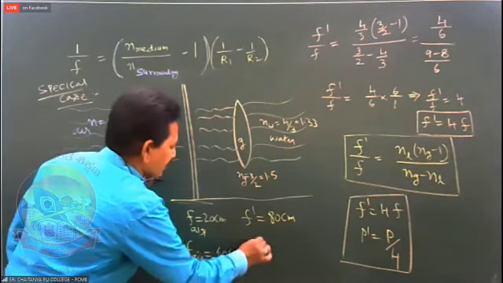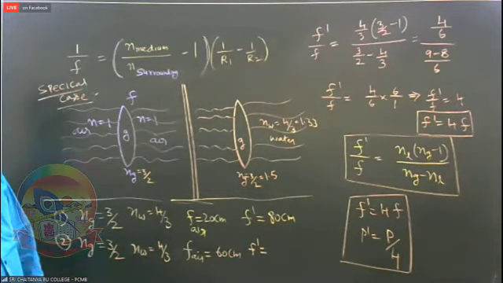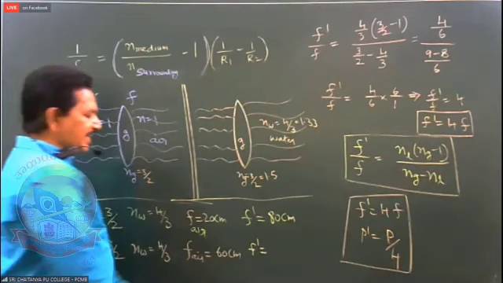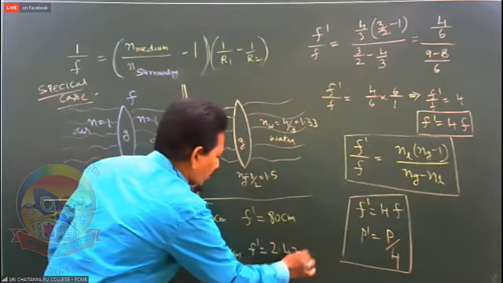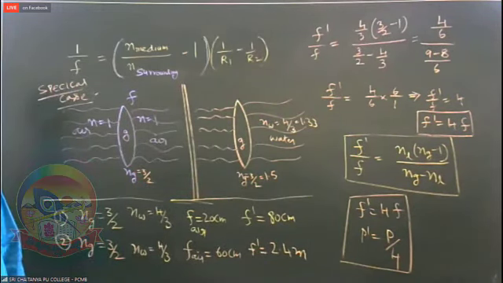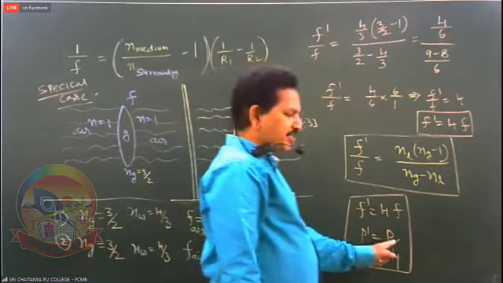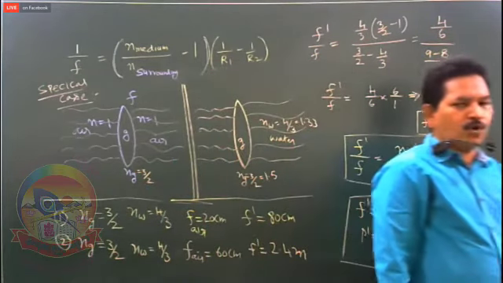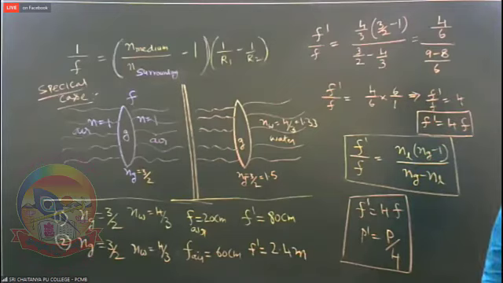So f dash is equal to 4 into 60, that is 240 centimeters, or 2.4 meters. Once we know the focal length, we can calculate the power of the lens also. P dash is equal to P by 4. Power decreases by 4 times.